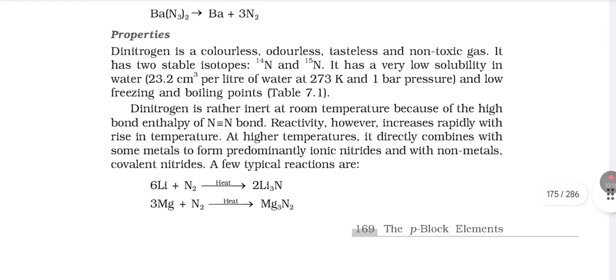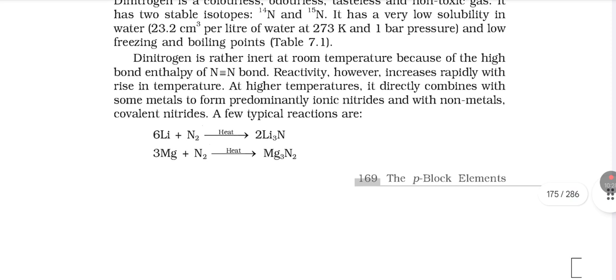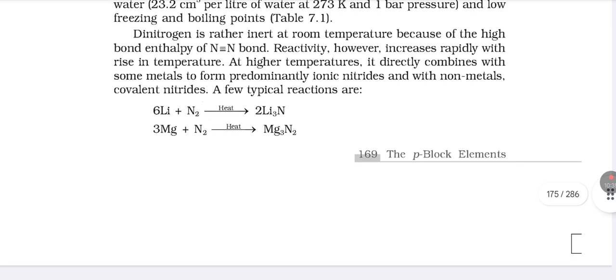Properties: Dinitrogen is a colorless, odorless, tasteless, and non-toxic gas. It has two stable isotopes. It has a very low solubility in water and low freezing and boiling points. Dinitrogen is rather inert at room temperature because of the high bond enthalpy of the triple bond. Reactivity, however, increases rapidly with rising temperature.